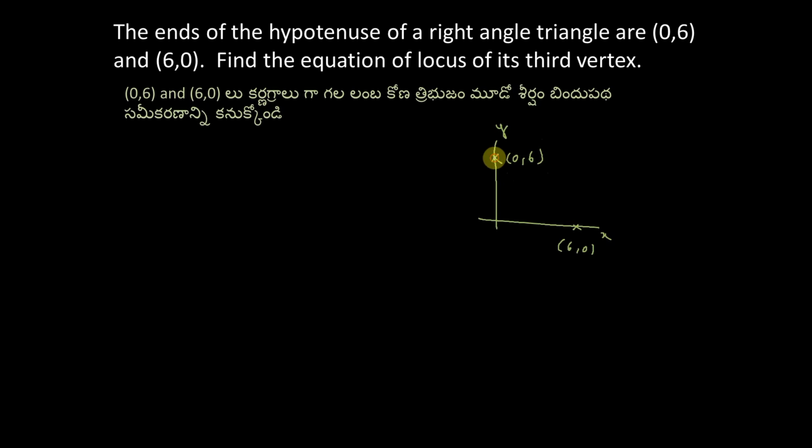This is the hypotenuse for the right angle which is formed by the third vertex here, that is P. We know P should always be (x, y) here. So this is triangle PAB. At this point a right angle is formed. So here the condition is not given directly.